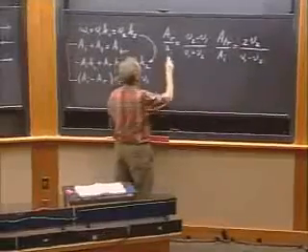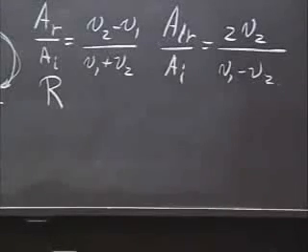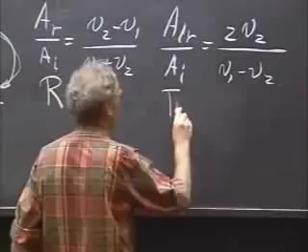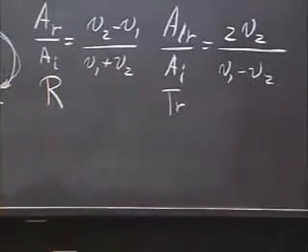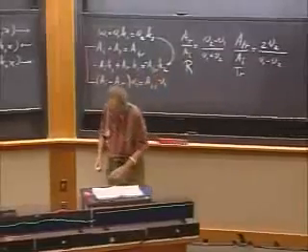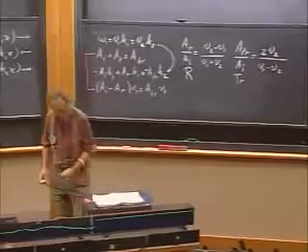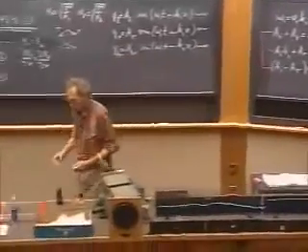Sometimes I call this with shorthand notation R, reflectivity, the ratio of amplitudes, and sometimes I call this shorthand notation T, transmittivity, the ratio of the amplitude that penetrates the second medium divided by the one that came in. So that is just my shorthand notation.